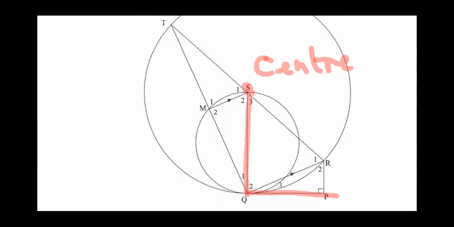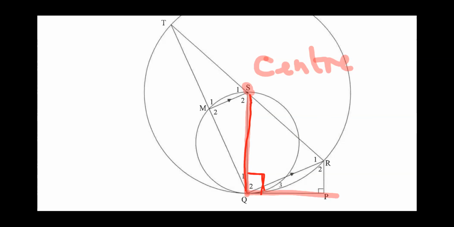So if SQ is the radius of the big circle, that would be perpendicular to the tangent. Now remember, this radius of the big circle is the diameter of the small circle because it's also perpendicular to the tangent. And that's your reason basically.